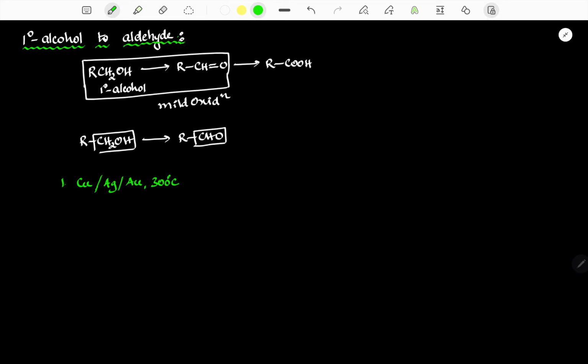Second one, PCC in a non-polar solvent, CH2Cl2, dichloromethane. And third one, PDC in the non-polar solvent CH2Cl2. PCC means pyridinium chlorochromate. PDC means pyridinium dichromate.